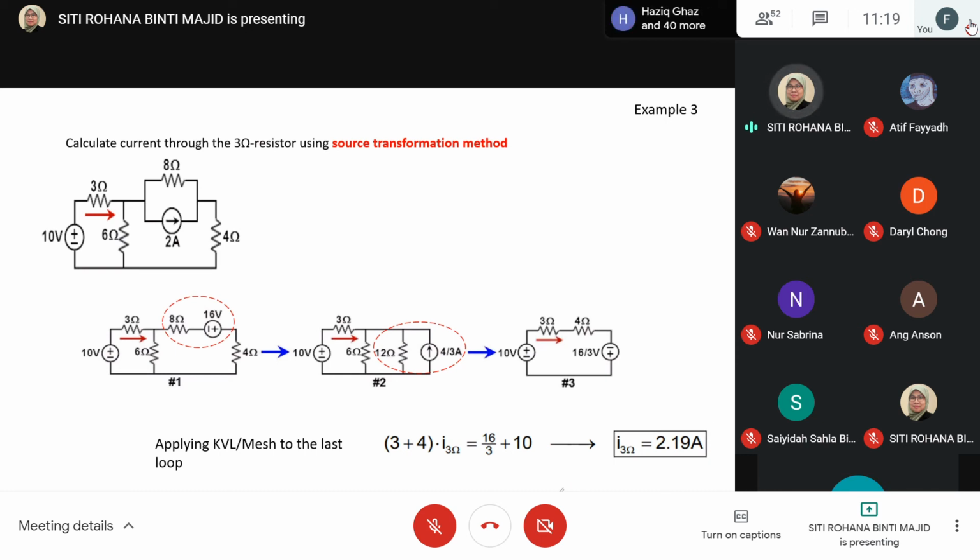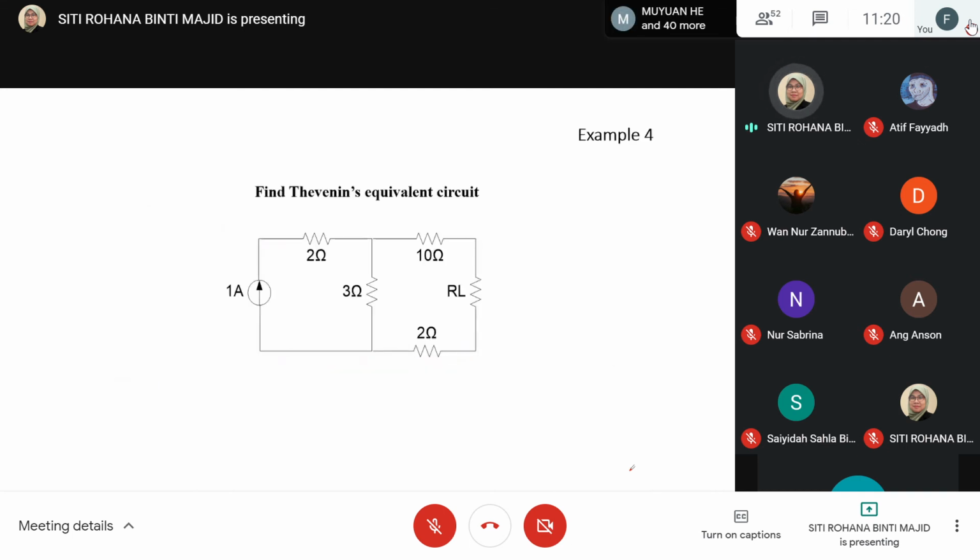And then from here, you also can solve this problem using KVL or mesh analysis for the last loop, which is the third loop, and then you will get the current flowing through the 3 ohm.